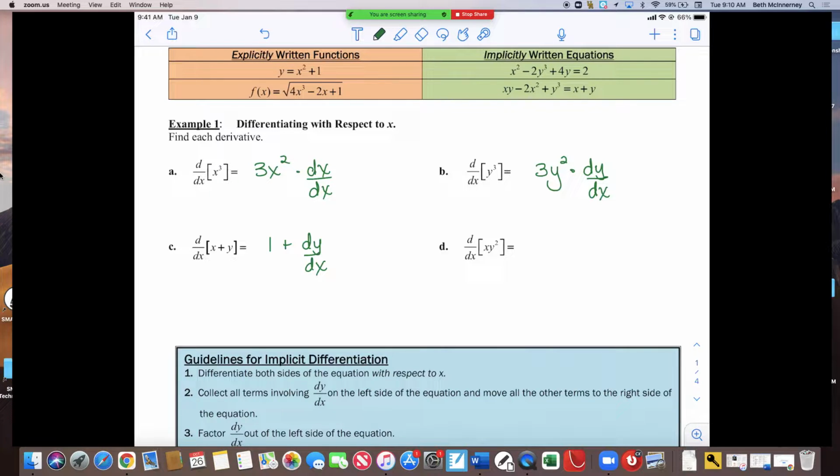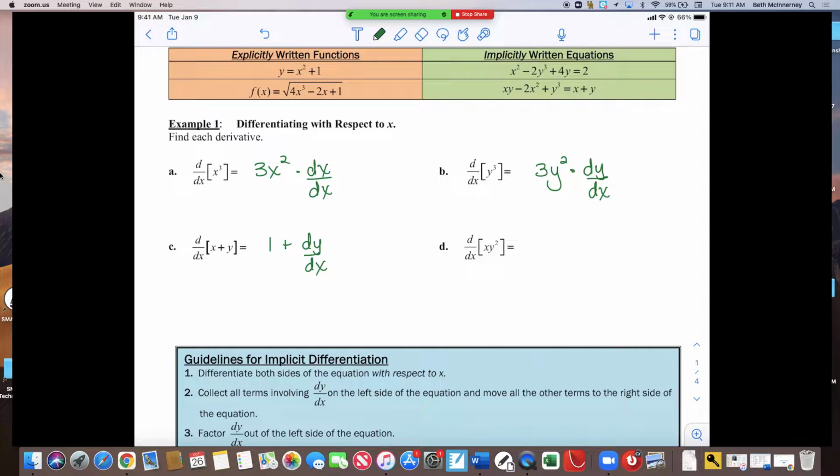So kind of the big idea here, the only addition to implicit differentiation is that any time you have a y, you're going to have to include the derivative of y with respect to x. That's the only new part to this. And then you'll be able to isolate the dy dx to differentiate.